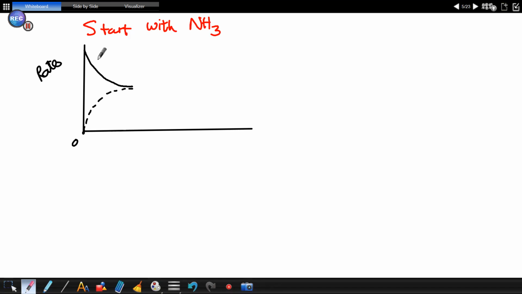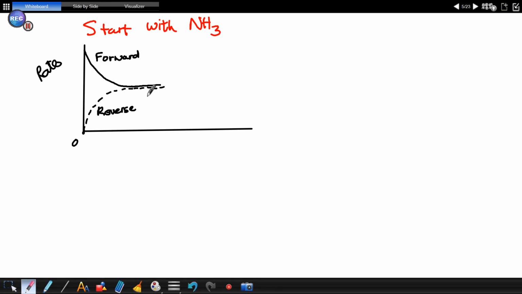So your forward reaction always slows down. Your reverse reaction always speeds up, until the new equilibrium is reached. When the new equilibrium is reached, the rate of the forward reaction and the rate of the reverse reaction are equal.